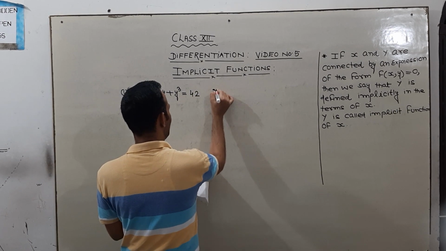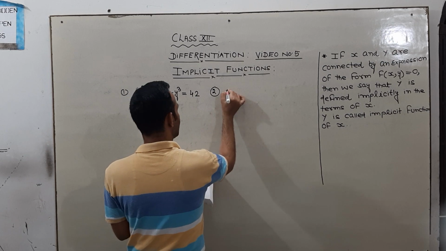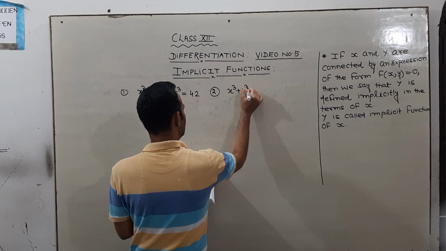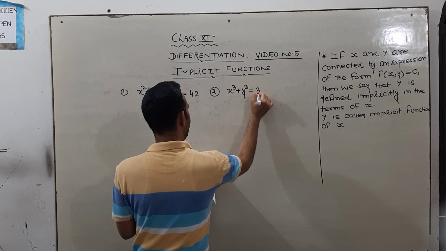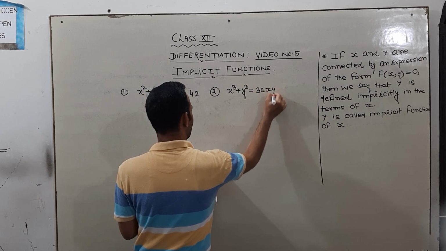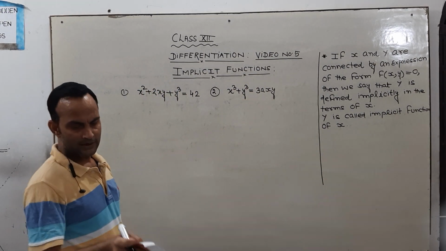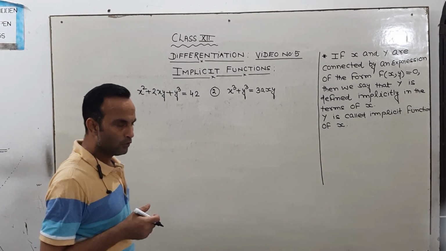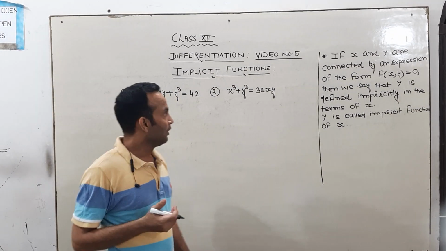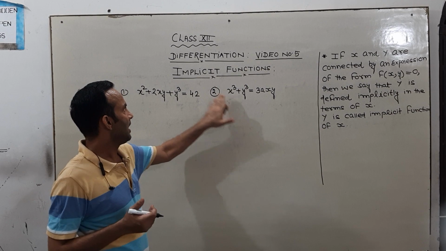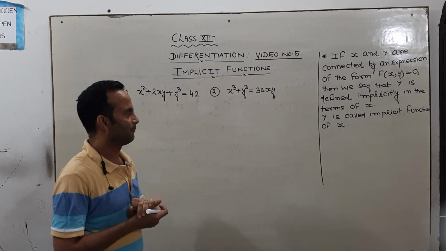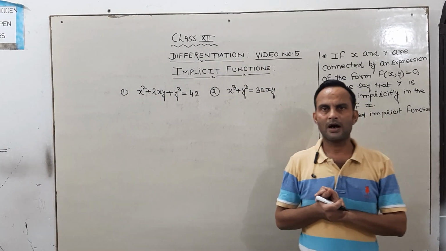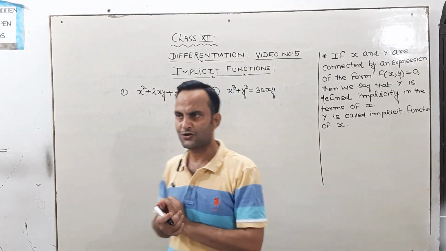Now take the second problem also here. x cube plus y cube is equal to 3axy. My dear students, in both the problems we have to find out the derivative. Both these problems are related to the implicit function. How can we say that these problems are related to the implicit function?